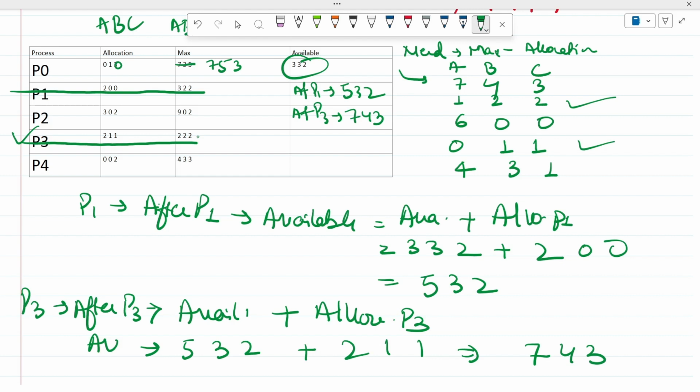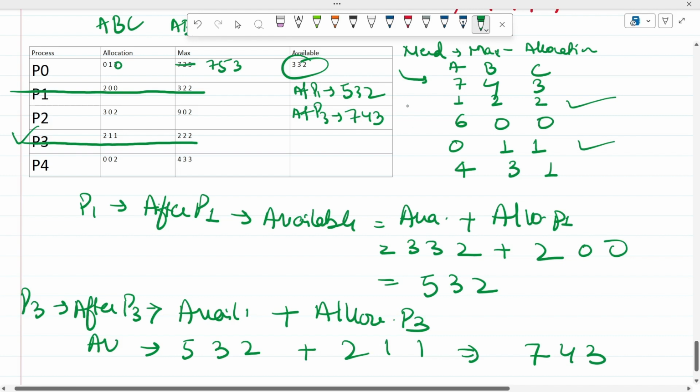You can see how easy it is. So we have resource 743. You can satisfy the first one, the third one, and the fourth one. You can satisfy all the processes. If the question asks whether this state is a safe state or not, and the available resource can satisfy all the processes, you directly write yes, the system is in a safe state.